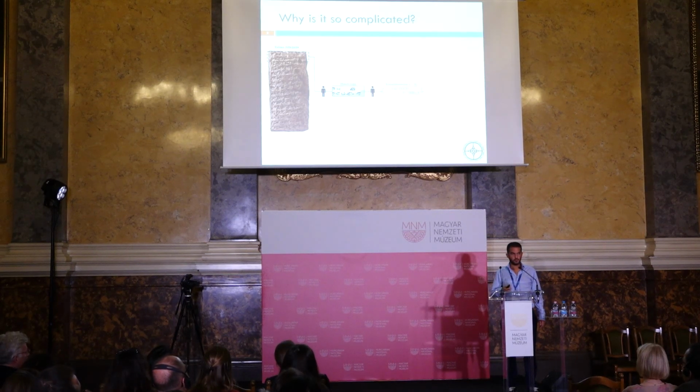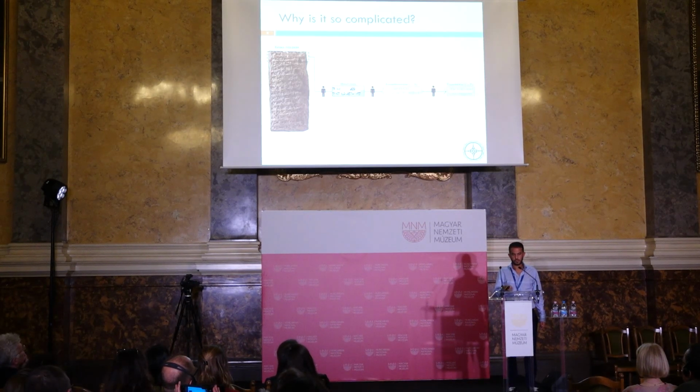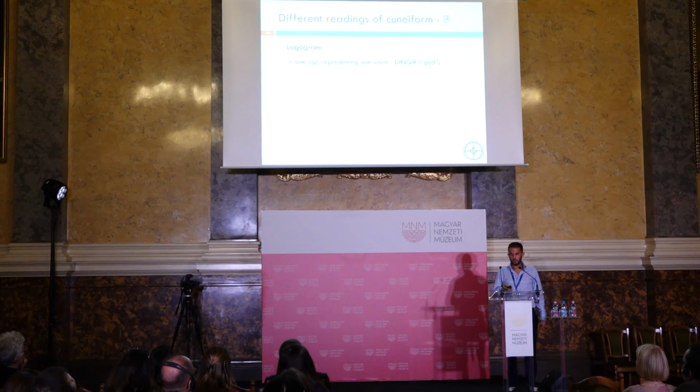And then researchers use transliteration, which is a step in the middle of the translation, which is a representation of the language written in Latin script, Latin letters, which represents how to read the Akkadian and what the words are. And the final step that is also historically manual is the translation, to write what the sentence means in English.